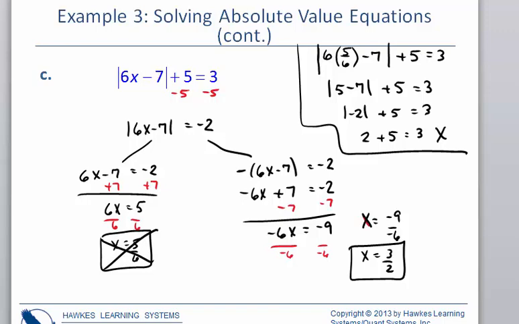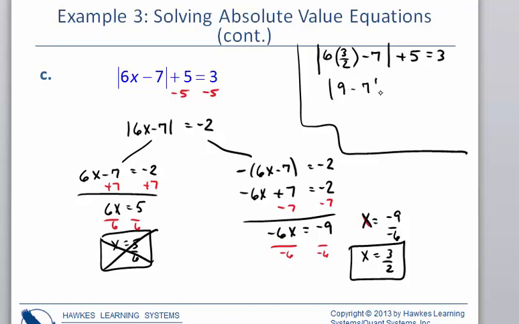Let's do the same thing for the 3/2. So I'm going to come in here and plug in a 3 over 2. And then we'll work it out from there. So 6 times 3 is 18, divided by 2 is 9.